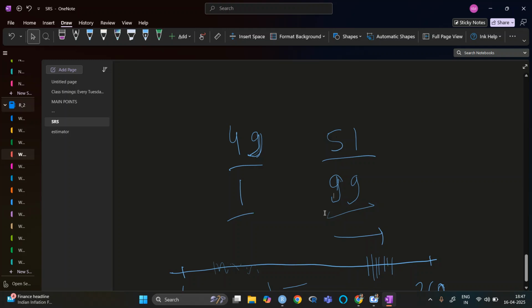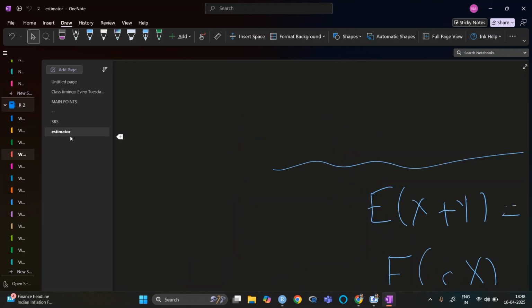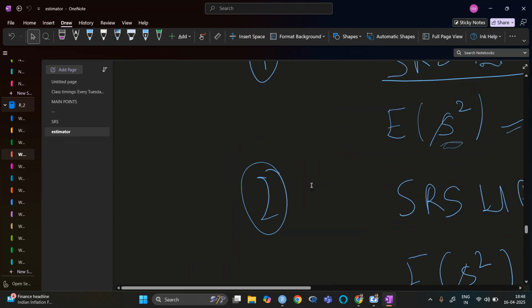This one is also 100 by 2, so the mean will be 50. But here you can see that the variance is very high, it is almost the opposite extreme, and here the variance is very small. So we need to find samples in which the mean is the same as the population mean and the variance is very small.